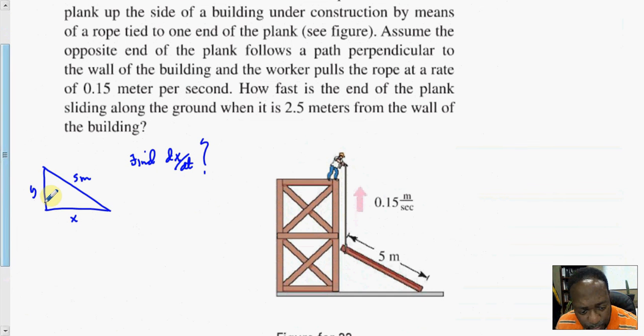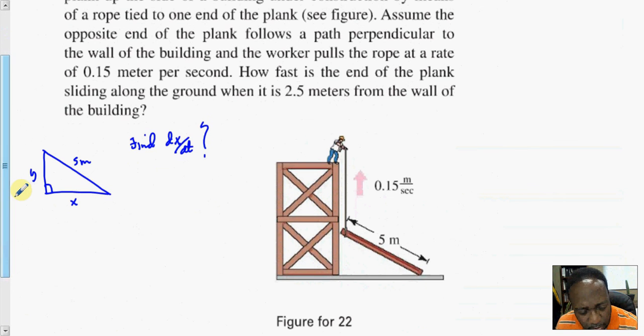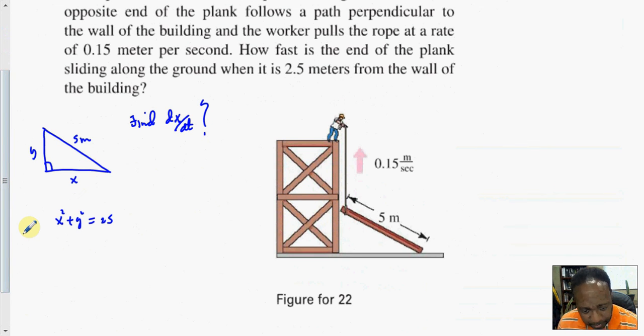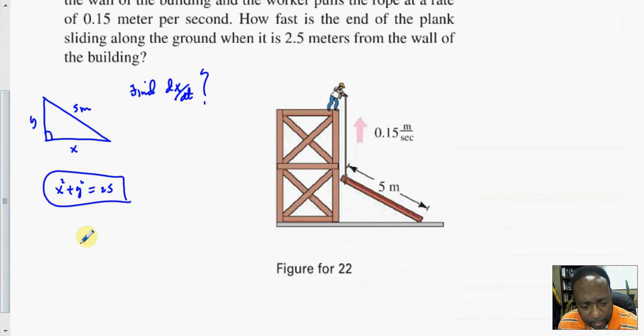Again, we form a right triangle, so we use as our primary equation the Pythagorean theorem. So here we get x squared plus y squared is equal to 25, that's 5 squared. We take the derivative.